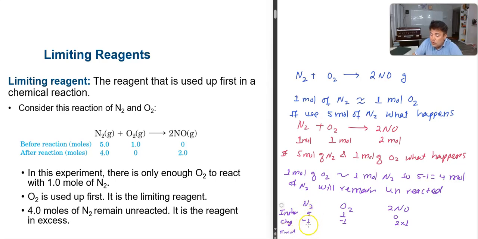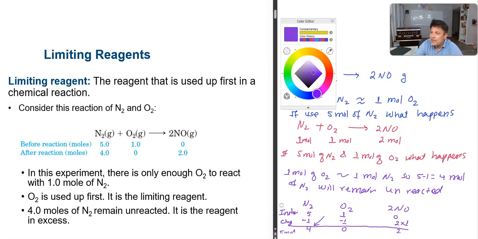So what is the final? How many moles of nitrogen will be left behind? 4. How many moles of oxygen will be left behind? 0. Nothing. How many mole of nitrogen oxide will form? 2 mole. That's why this 4 is said to be the excess reagent.